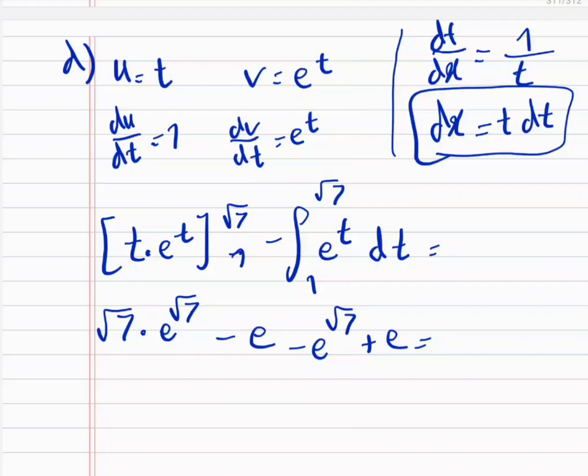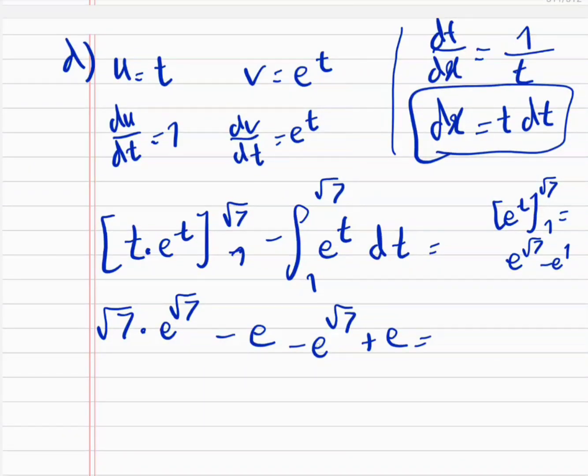So when you integrate, you get e to the power of t and you substitute, so you'll have e to the power of root 7 minus e, but you already have this negative outside, so that becomes minus e to the power root 7 and then plus e.